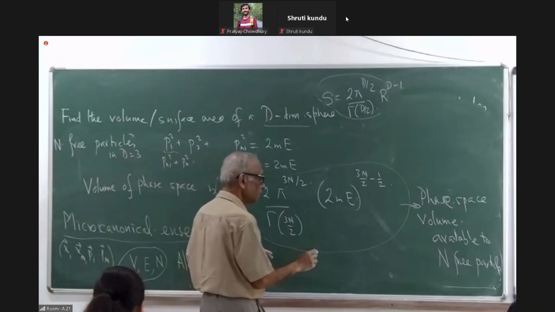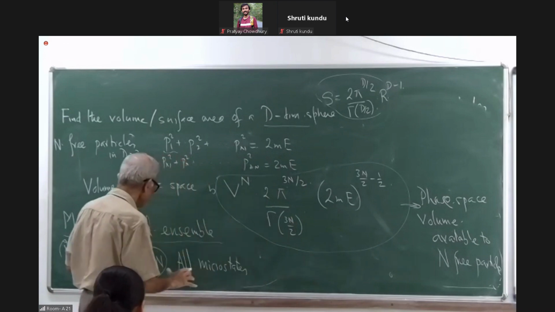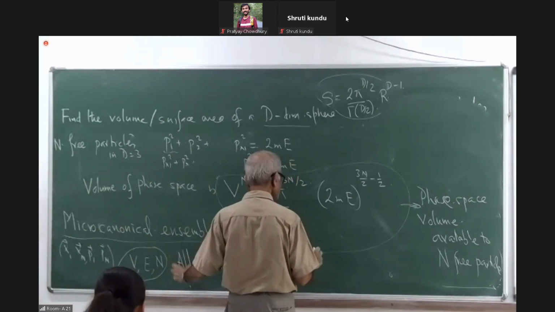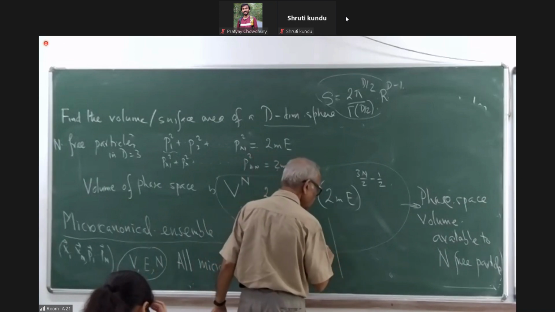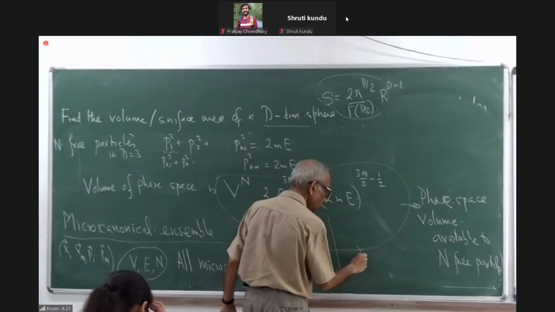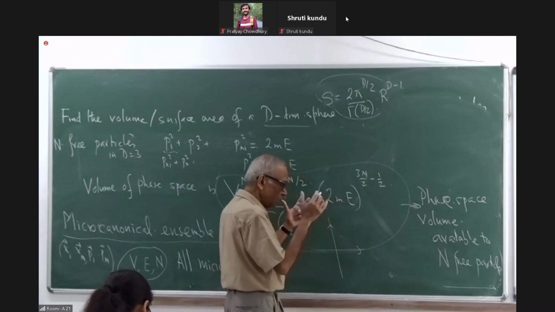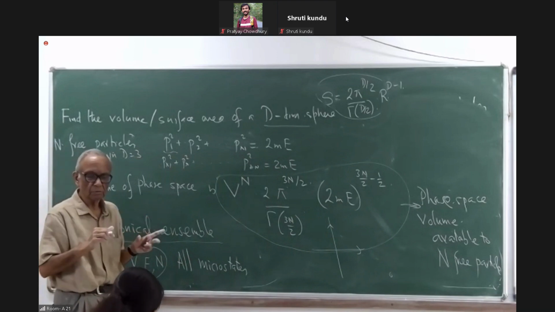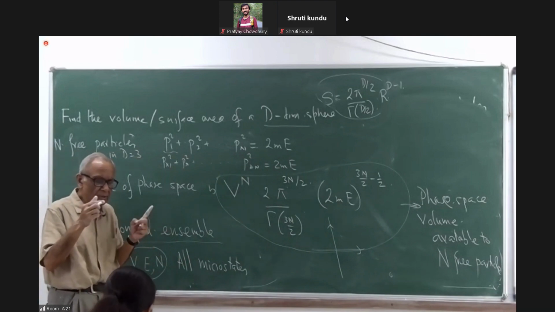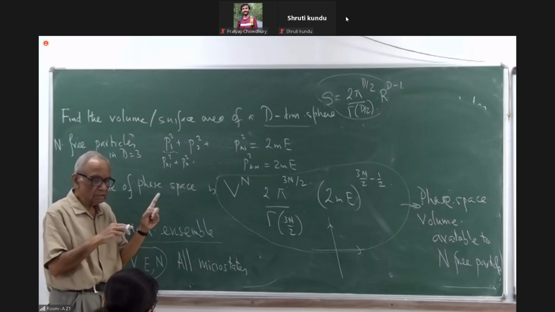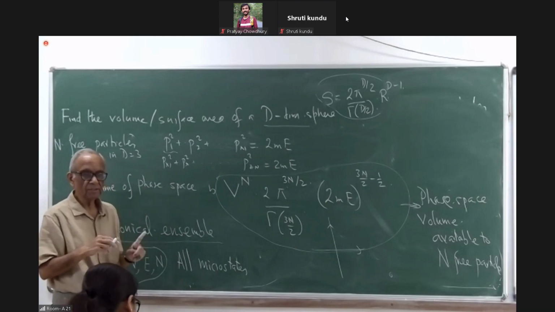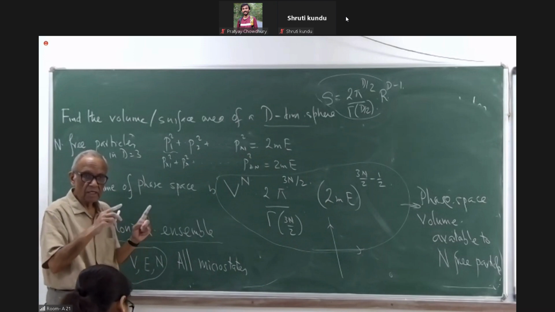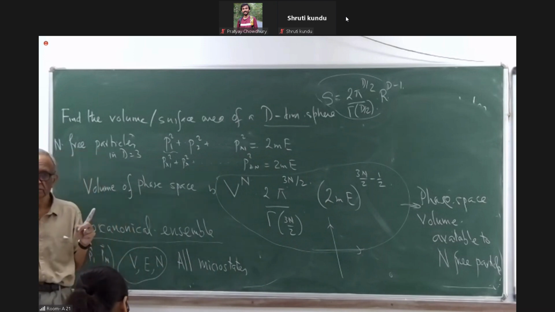Get the picture of what the dynamics is. The dynamics is that I have fixed the E. And you imagine this in your mind, a space with 6N axes sticking out. For every particle, there are 6 axes: x, y, z, px, py, pz. And therefore, for N particles, there are 6N axes.